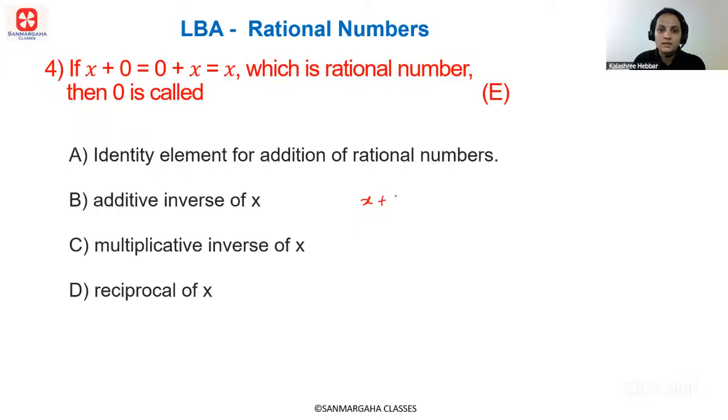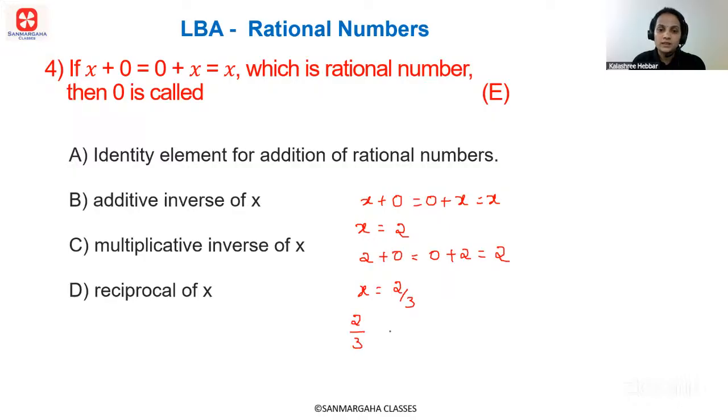x plus 0 is equal to 0 plus x is equal to x. Let's consider this x as 2, for example. So 2 plus 0 is equal to 0 plus 2 is equal to how much? 2 only. Let us consider one more rational number, in the form of p by q.